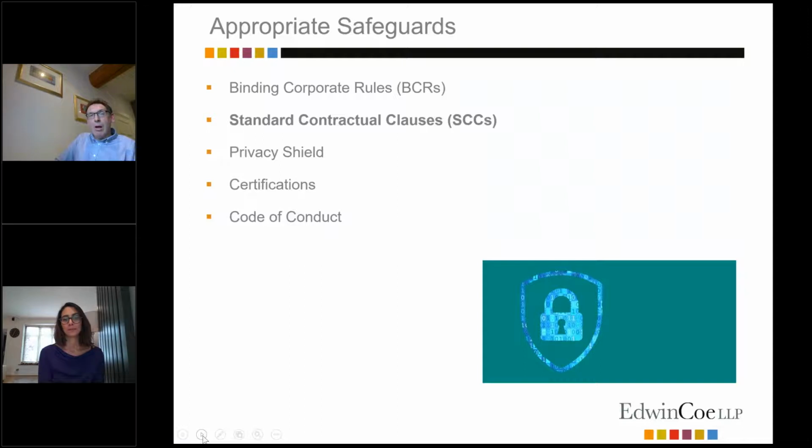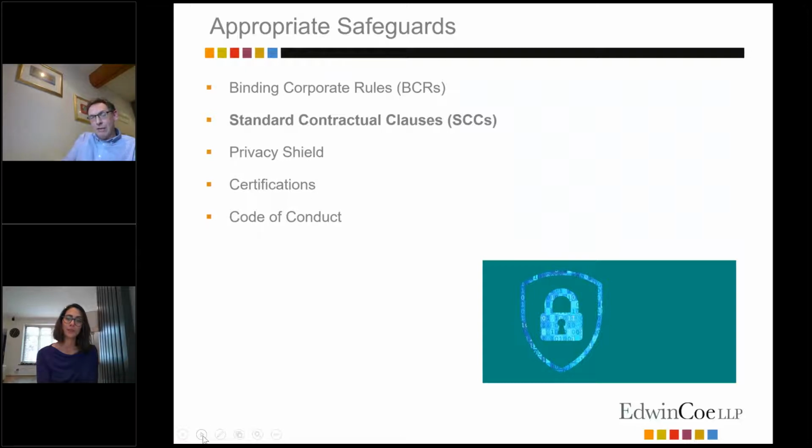So they only apply where you're transferring data between 2 data controllers, or where you're transferring data between a data controller and a data processor. So what they don't cover, which is always a problem, is the situation where you want to transfer data back from a processor, so maybe a data center, back to the controller.